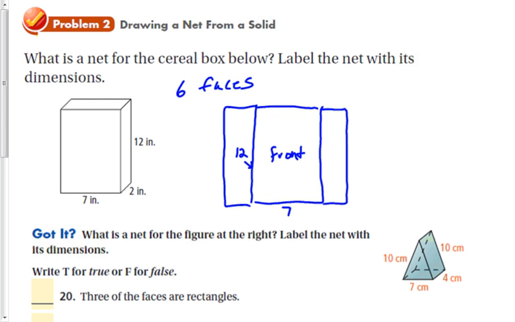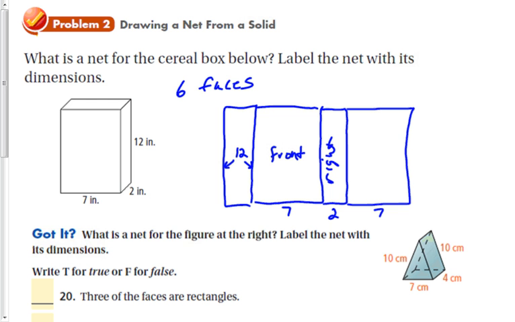So we want to make sure we know that that's 12. Of course, that's also 12, so I'm not sure we need to label that again. So this will be the right side. And then attached to the right side is the back, which is exactly the same as the front. So that's 7 there also. And I should label this width here, this is 2.